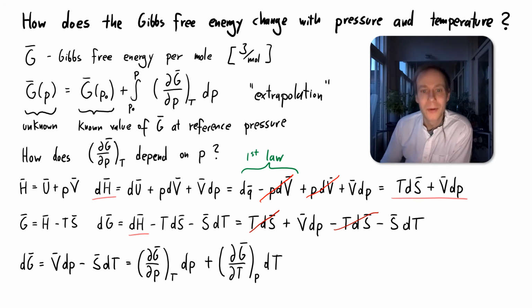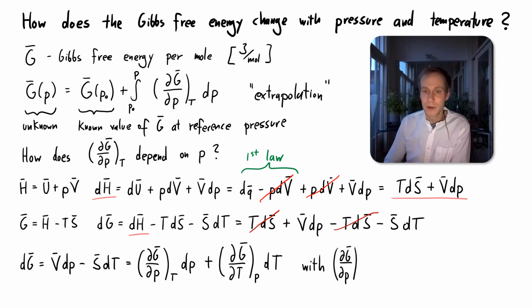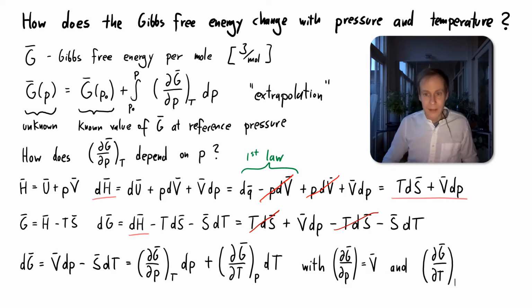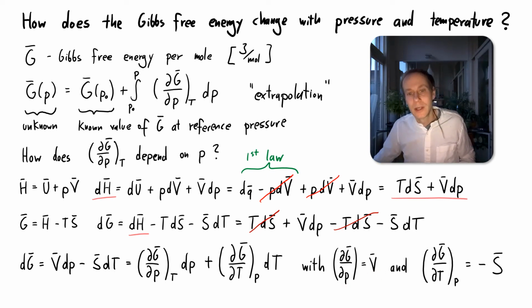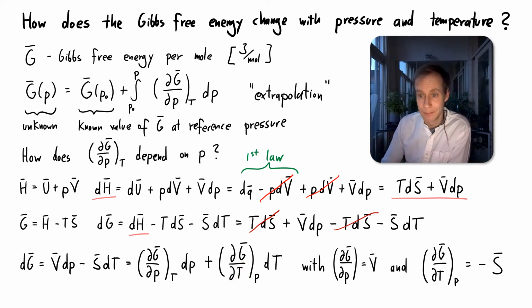This is now where we get our definitions of the partial derivatives. First, we know that the partial derivative of the Gibbs free energy with respect to the pressure is the volume. And second, we know now that the partial derivative of the Gibbs free energy with the temperature is given as the negative entropy. Excellent.